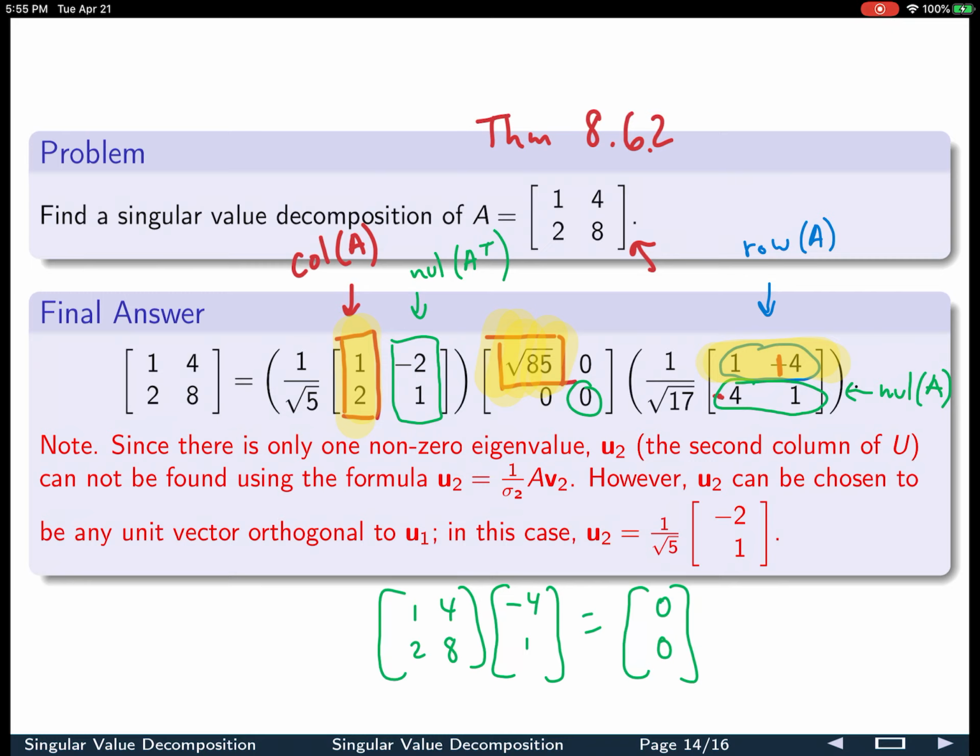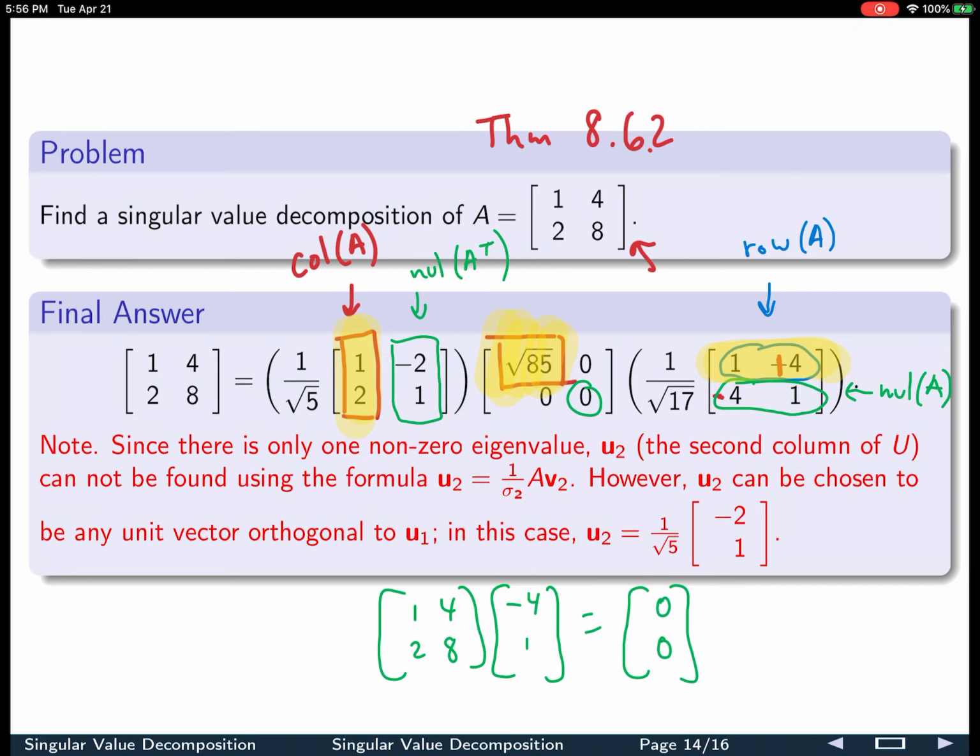And you're actually able to find bases for the column space, the row space, the null space of A, and the null space of A transpose within the singular value decomposition. It is theorem 8.6.2 in our book. That's why I wrote that there the first time. But yeah, basically the column space and row space, those vectors are found in U and V respectively.